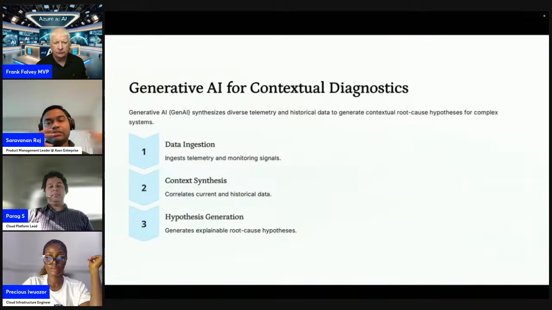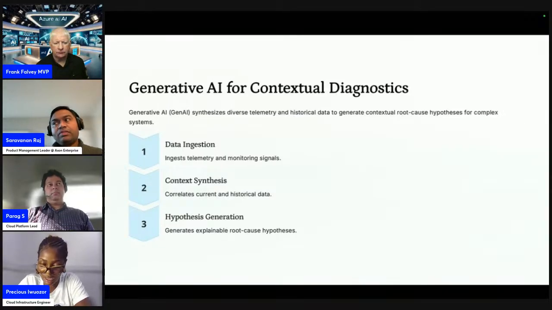If you look at the first component, the GenAI for contextual diagnostics, you have data ingestion. The GenAI system needs to understand the various telemetry signals and monitoring signals that you may have defined based on your own metrics and your own systems. Context synthesis is where you need some prompt engineering: if you see this type of problem historically, look at these millions of incidents, this is how we dealt with it.